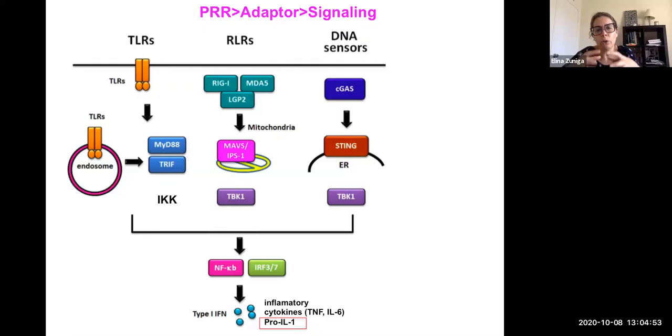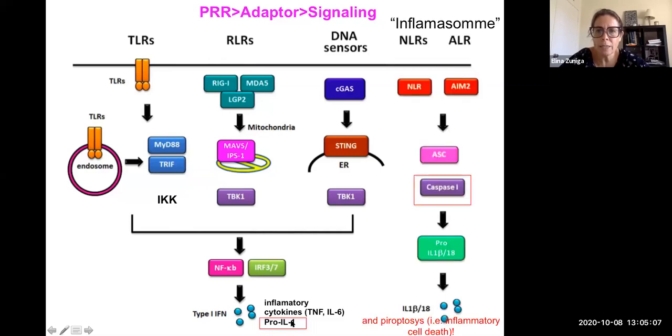And so you will produce downstream of this cascade an inactive form of IL-1 that is called pro-IL-1. To become activated, this pro-IL-1 requires the activation of caspase-1, which is a protease that would cleave the pro-IL-1 to produce the active form of IL-1.